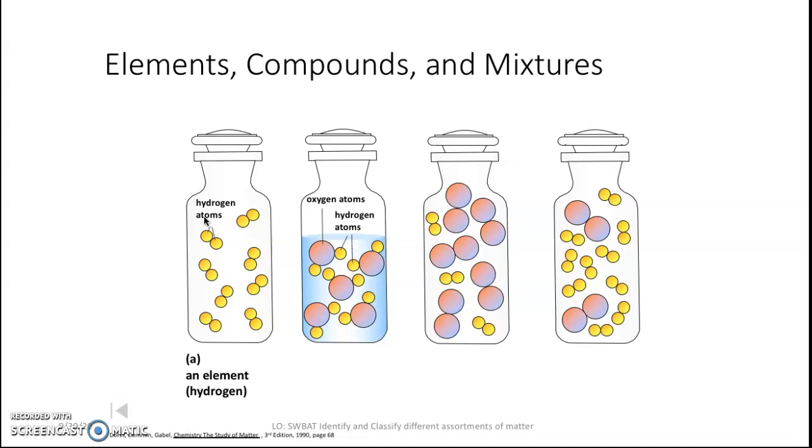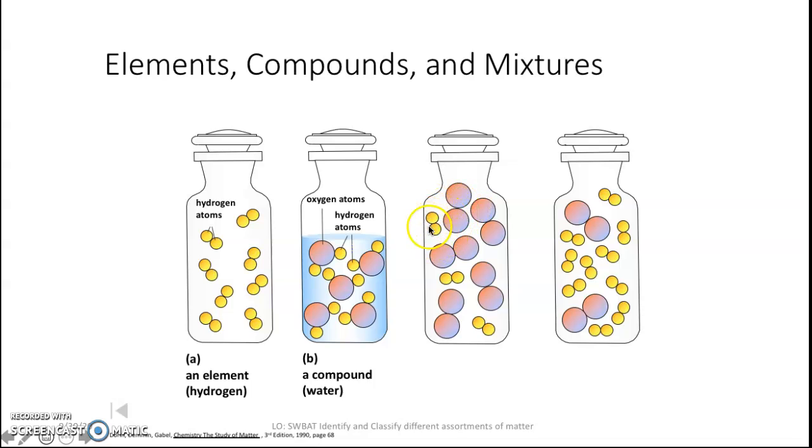Next, in the next flask, we have oxygen atoms, which are the bigger circles that are a little bit red, and then they're also attached to hydrogen atoms, right? So these would represent compounds, and they would be water. Now, number 3, obviously we could tell that we have two different types of elements here, right?